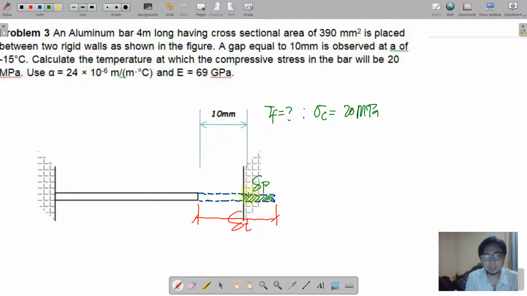Looking at the geometry, we can now form the equation. We can say that delta T is equal to 10 plus delta due to push.